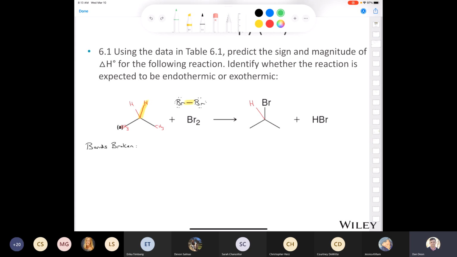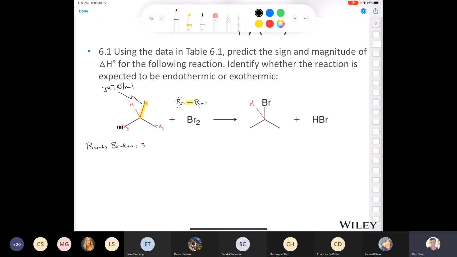It's the fourth entry. Table 6.1 says bonds to hydrogen. You have a bond between H2, then a hydrogen and a methyl, then one in an ethyl. The next one is the methylene in a propyl, and that takes 397 kilojoules per mole to break that bond.